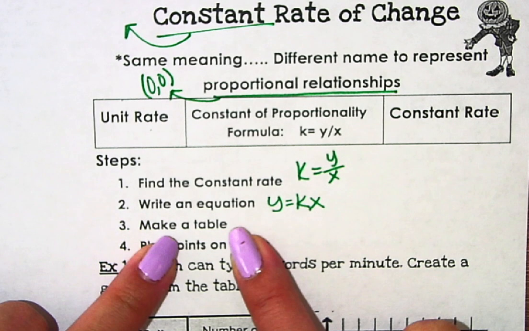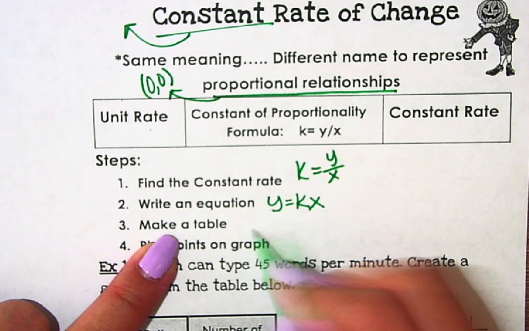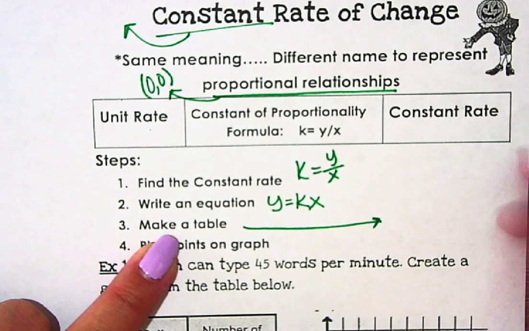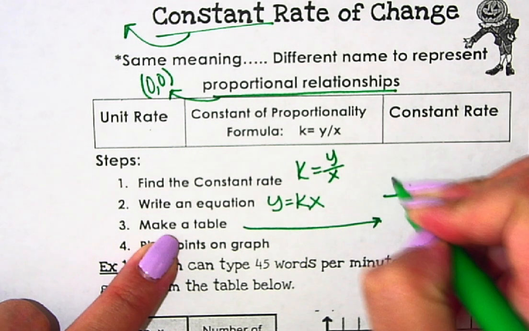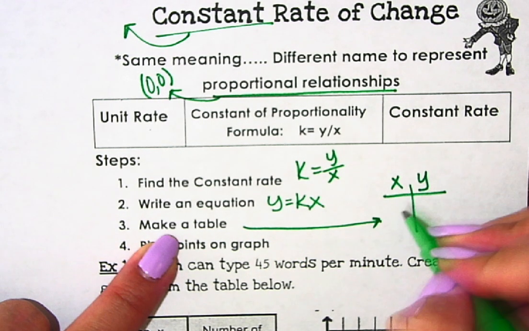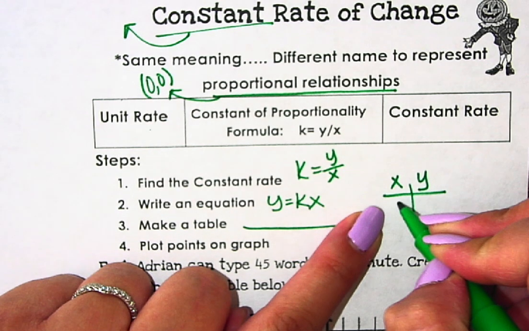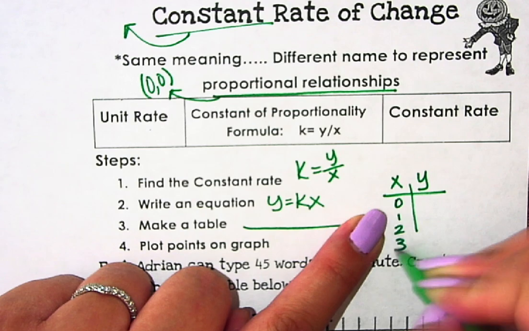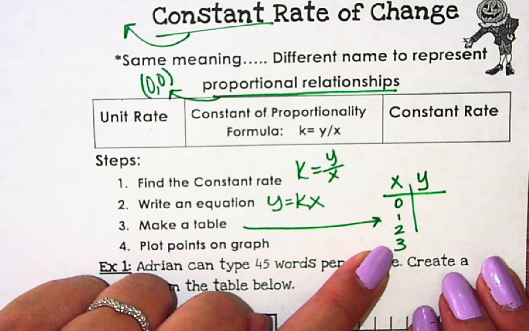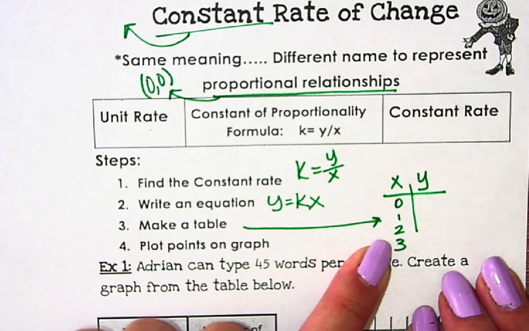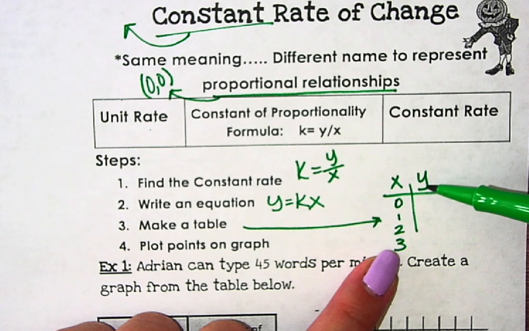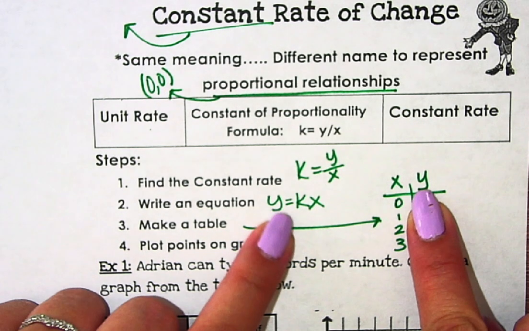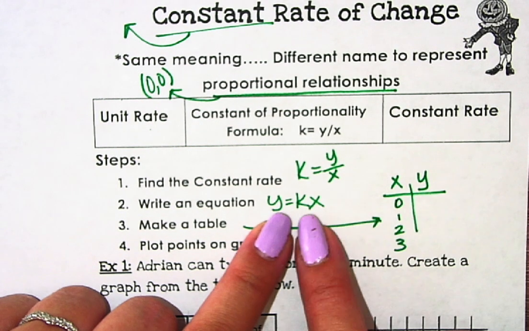Okay, then we're going to make a table. So I'm going to put an arrow here so you can see my full table. We start with X and Y. Our X is going to start at 0, 1, 2, and 3. Sometimes they might change it, but I'll go into detail later about that. But our Y, in order to find our Y, we're going to use this formula here.